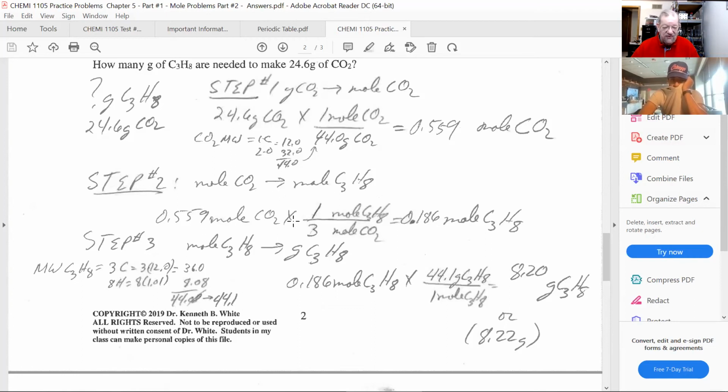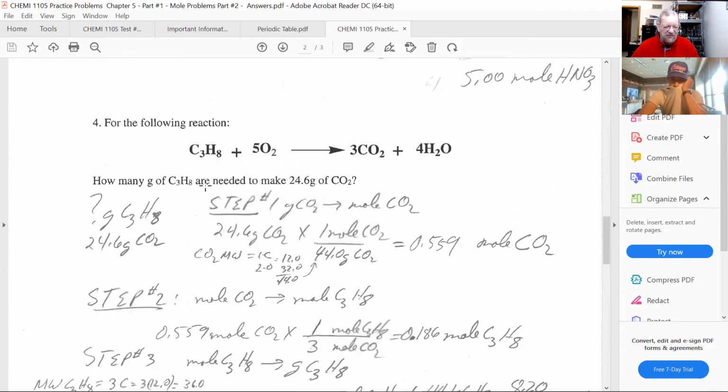Where do I get these two numbers? From the balanced chemical equation. The coefficient, the number in front, tells me molar relationships. And for this balanced equation, when there's no number in front, it's 1. So this tells me there's 1 mole of C3H8 reacting with 5 moles of oxygen to make 3 moles of CO2 and 4 moles of water.